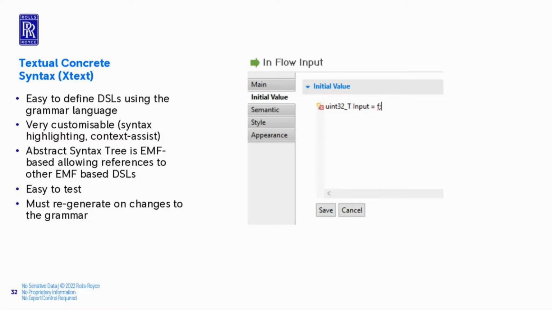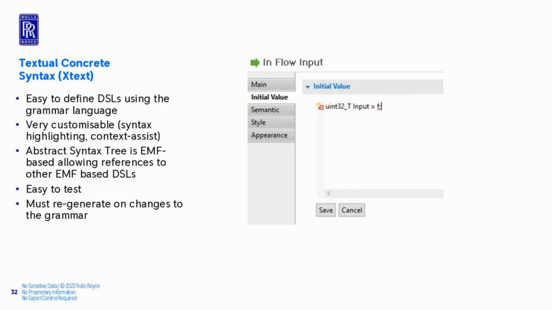We've also had some really positive experiences with Xtext. It's been really easy to define DSLs using the grammar language. It's been really customizable, and provides a lot of entry points to customize, like the syntax highlighting and the content assist. Because it's EMF based as well, we've had great success with integrating Xtext and Sirius together.